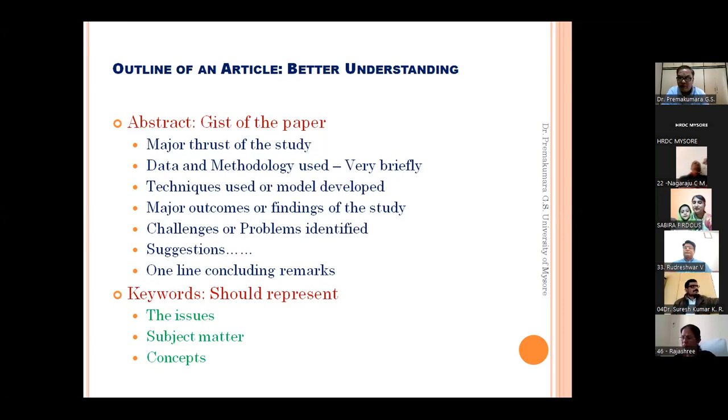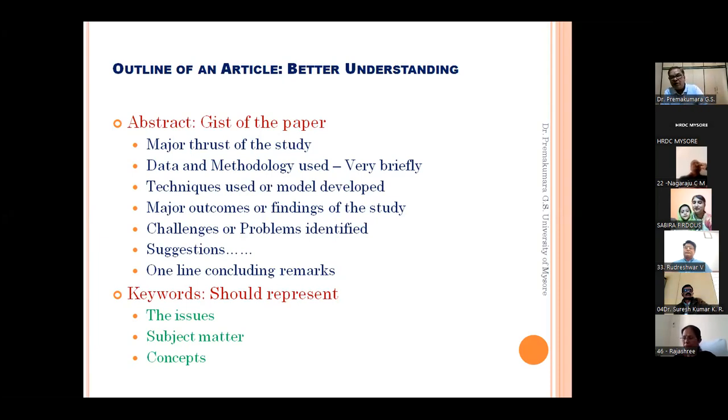If you have developed a new structural equation model which efficiently explains some problems, subject matters or contemporary issues, you mention that. The present study has developed a new model to explain so and so problem, or to explain the relationship, the impact, or the process. So you mention that if you have developed it.